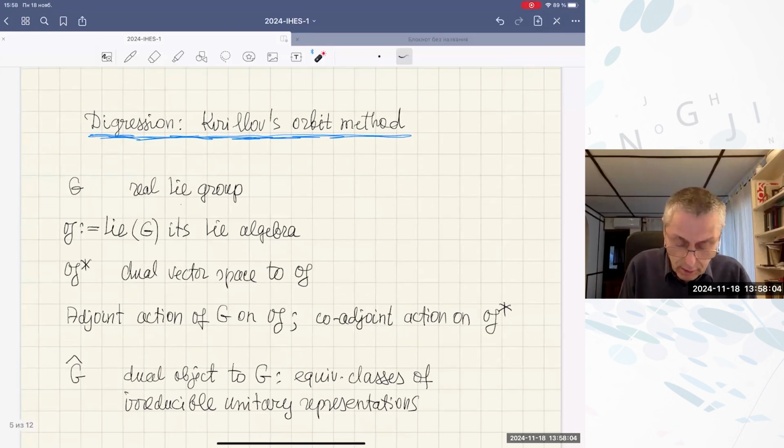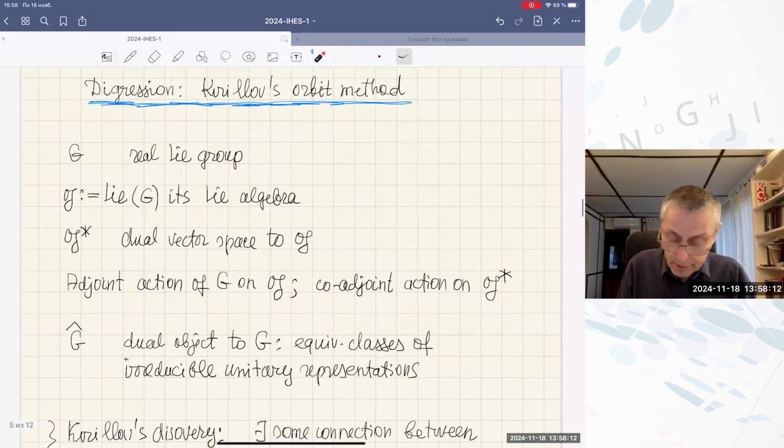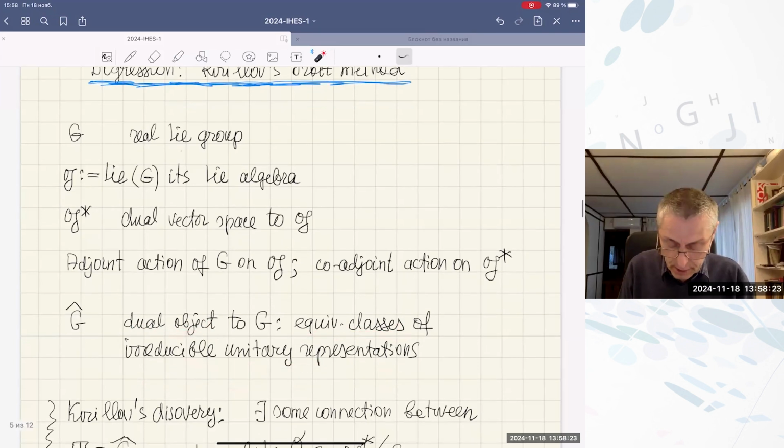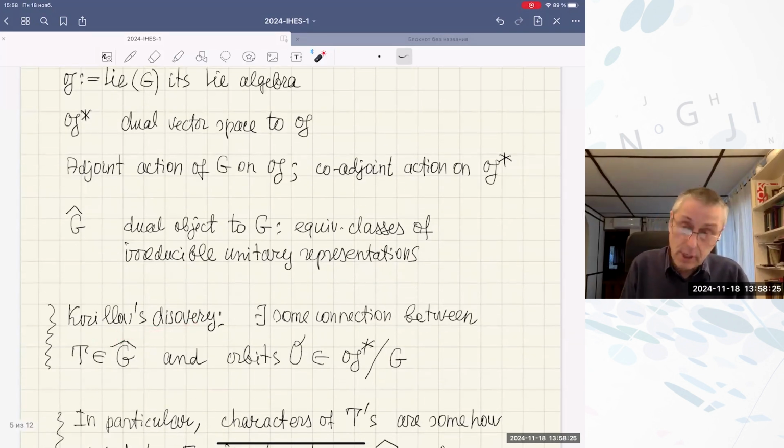And there is the adjoint action of the group on its Lie algebra, the coadjoint action here. And G hat is the dual object of G, the set of equivalence classes of irreducible unitary representations. And Kirillov's discovery can be stated as follows. There exists some connection between irreducible unitary representations and orbits with respect to the coadjoint action.